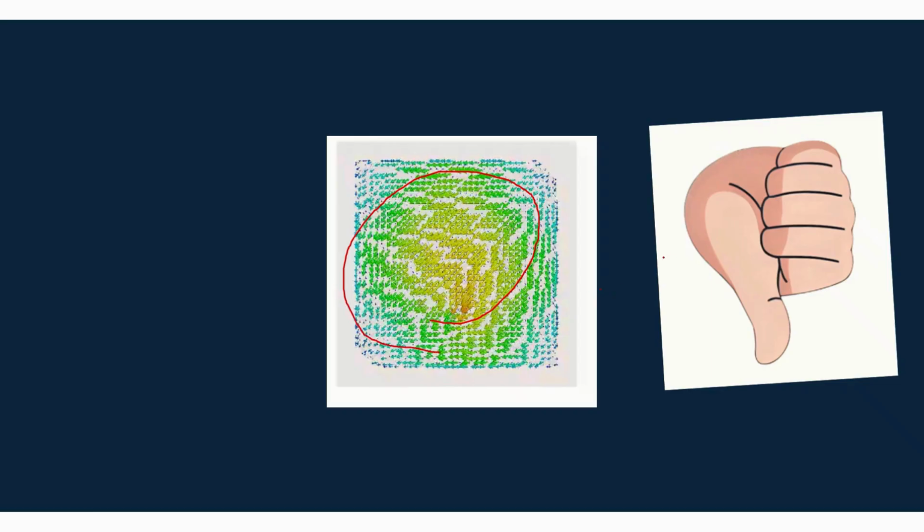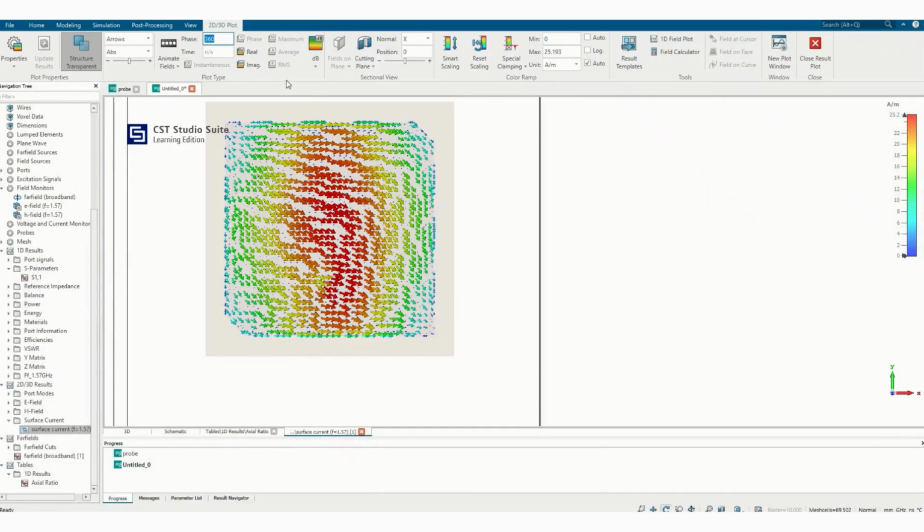If we use our right hand with the thumb pointing away from the patch antenna, and observe the folding of the thumb, you can see that the direction of the folding and the rotation of the arrow is the same, with respect to the change in phase. That means that this is an RHCP, right hand circularly polarized. This is how we can observe whether our antenna is right hand or left hand circularly polarized.